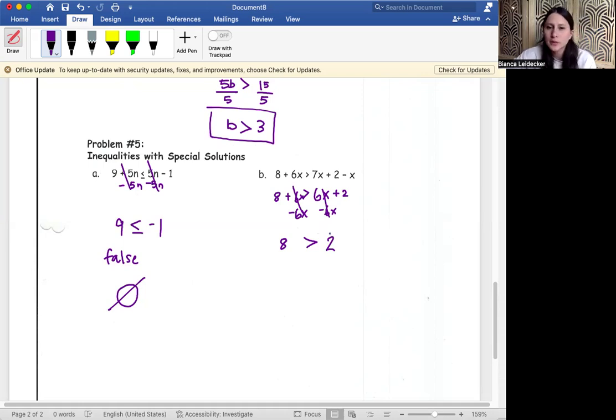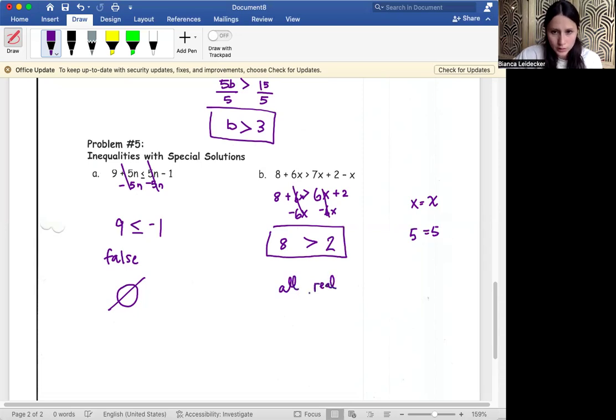So it's different from your equations where it's like 5 equals 5 or x equals x, like that type of problem solution that you have, where basically what you see here is that the variable goes away, but the number sentence that you see is true. And this is what we call an all real solution. So yeah, all real solution answer.